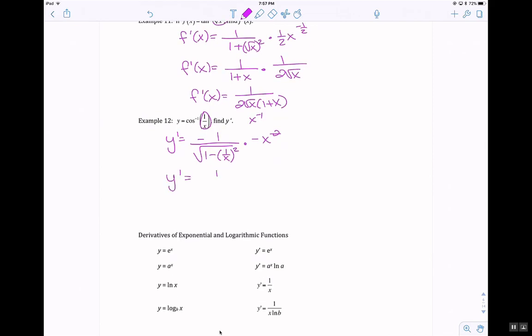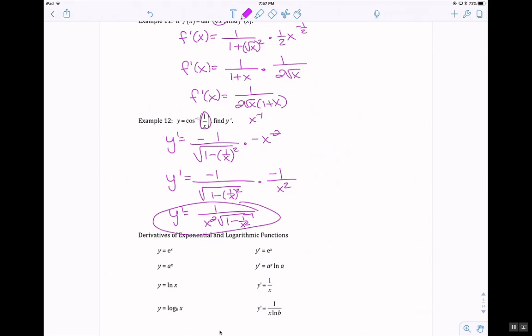So y prime, negative 1 over the square root of 1 minus (1 over x) squared, times negative 1 over x squared. So y prime is a positive 1 this time, over x squared times the square root of 1 minus 1 over x squared. Since it's not multiple choice, I'm totally okay with you guys leaving it like this.